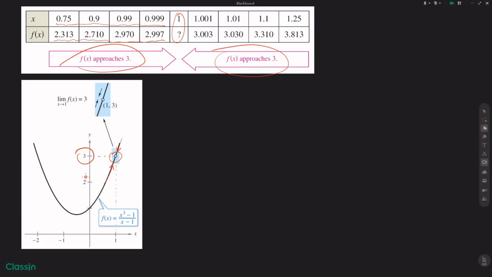All right, so now in calculus, we want to write down this idea using the limit notation, okay?